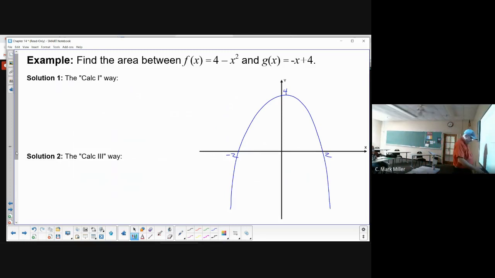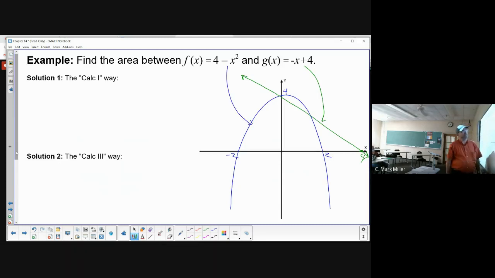So that is going to look like what? It's going to go through this 4, same point here, and it's going to intersect over here at 4, right? So it's going to be, so that's this, and this is this.